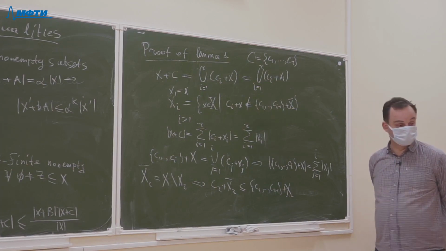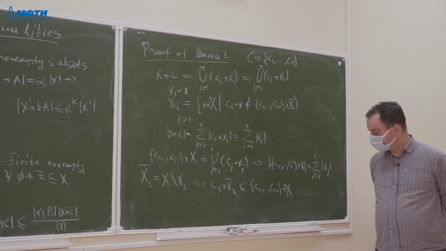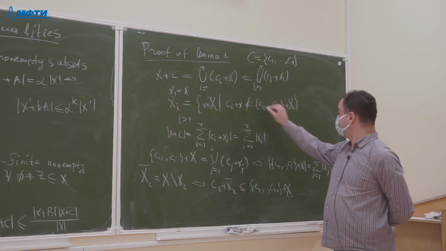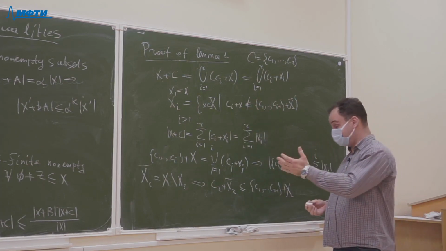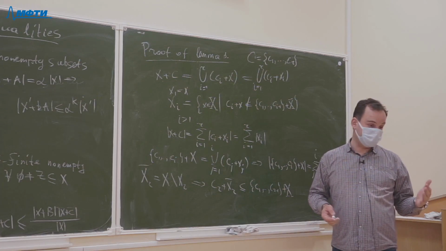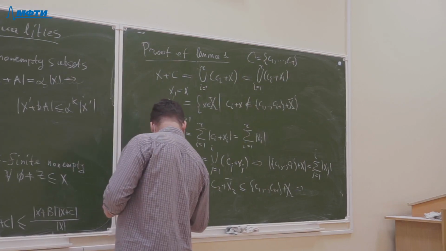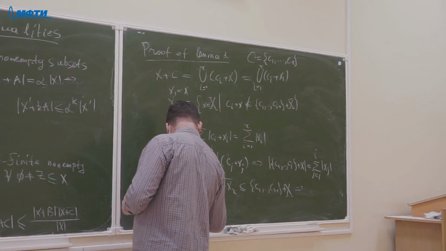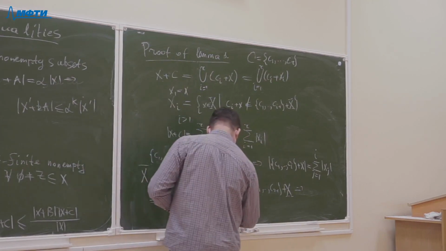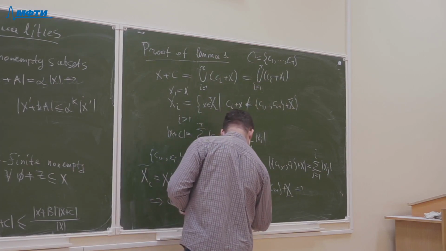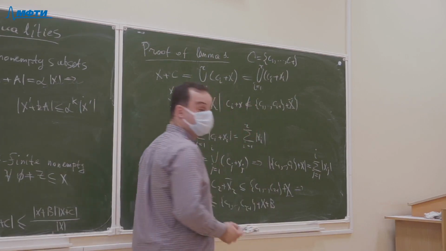Do you understand? We're also taking the complement of X_r, right? It must be a subset of this, because all the elements which are outside this set are inside the set C_r plus X_r. So we can say that C_r plus X_r complement plus B is a subset of C_1 ... C_{r-1} plus X plus B, right?